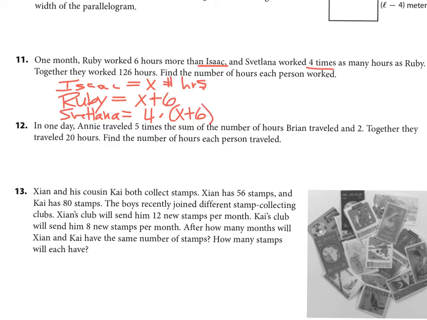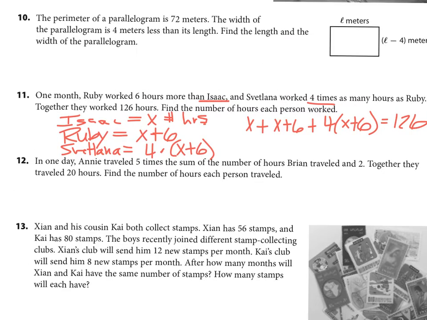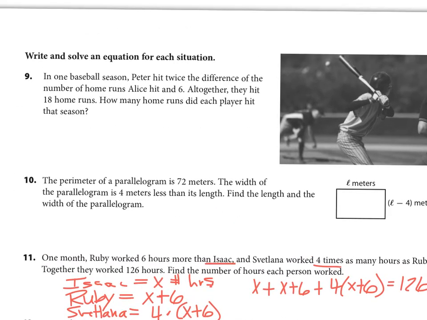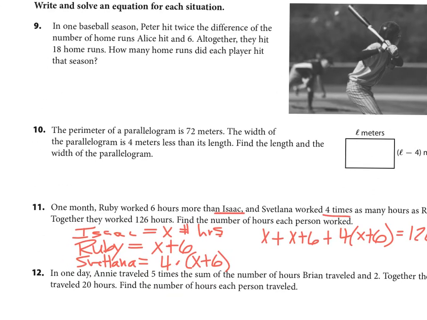Now it says together they worked 126 hours. So together means I add. So Isaac plus Ruby plus Svetlana equals 126. So there's our equation. Now let's go back to the directions up here at the top. It says write and solve.